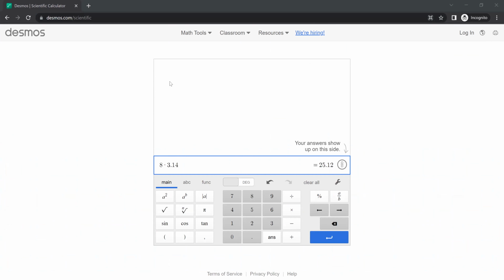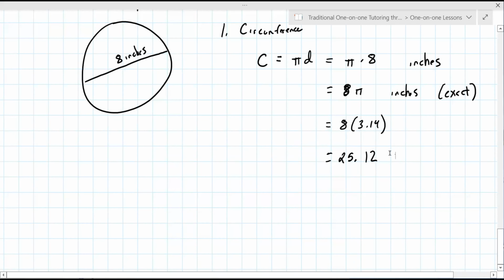Let's go back and look at your problem here. What are the units of circumference? It's inches.